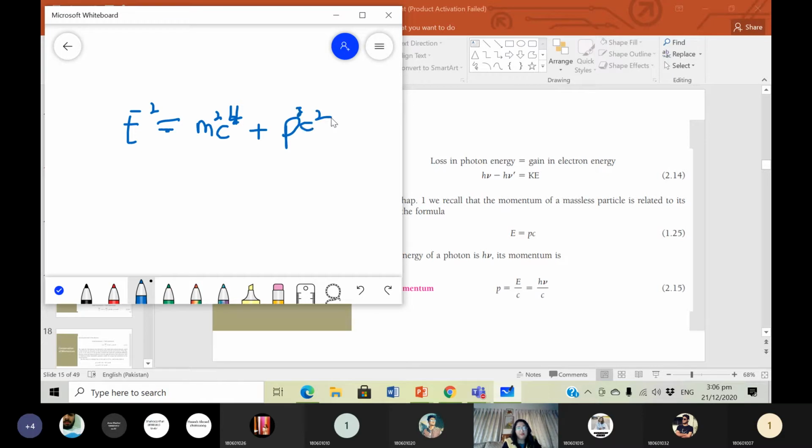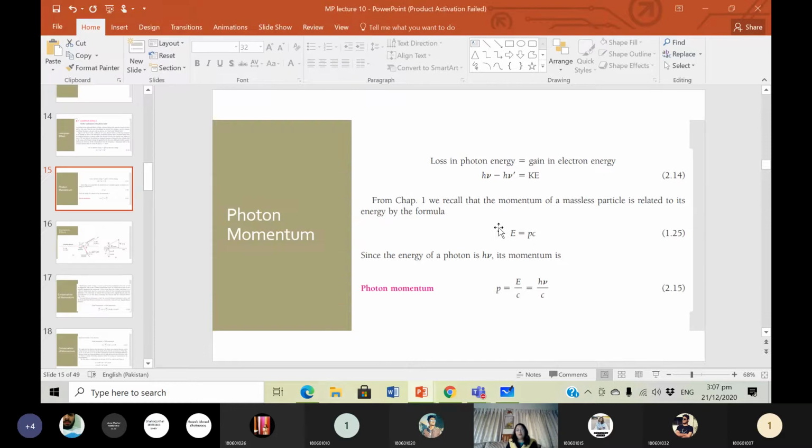You all remember this formula from relativity? Now for the photon, the mass is 0, right? So for a photon, we will have E equals pc. This formula applies for a photon. Why? Because the mass term goes to 0, and we have E squared equals p squared c squared. If you take the square root of both sides, you get E equals pc. So this equation applies here.